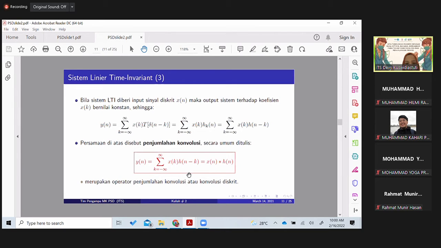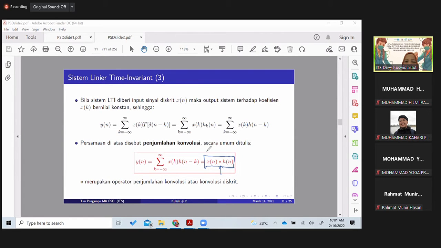So here is the notation of convolution in mathematics. Usually we use this star or asterisk here: x[n] convolved with h[n], and you could write it in this way.